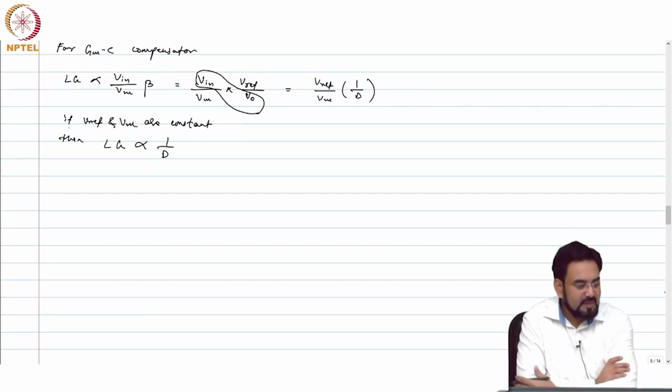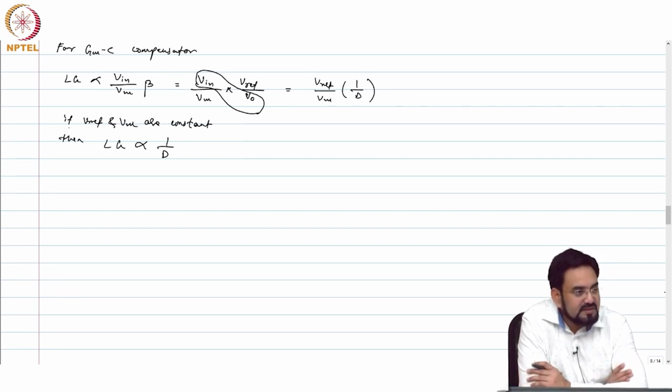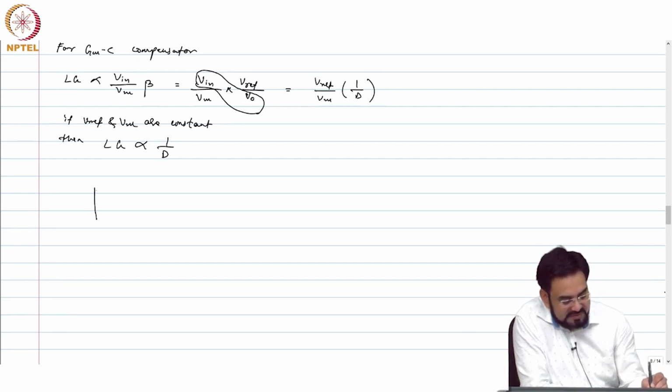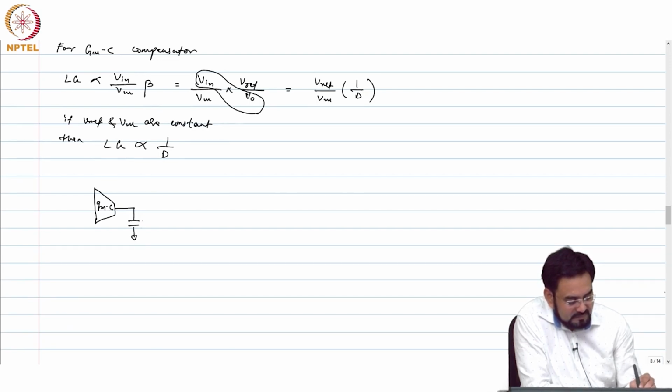What could be another way if I want to do it in an analog way? So let's say this is a GMC integrator. I will call it GMI.